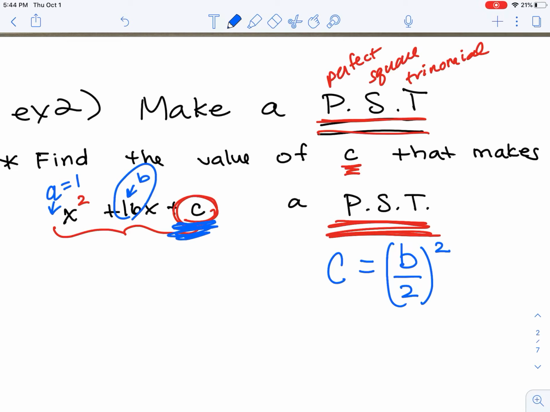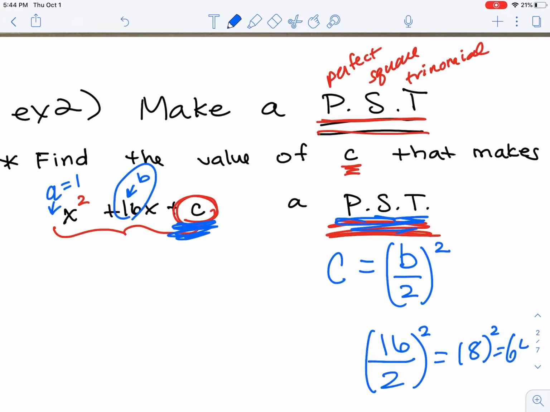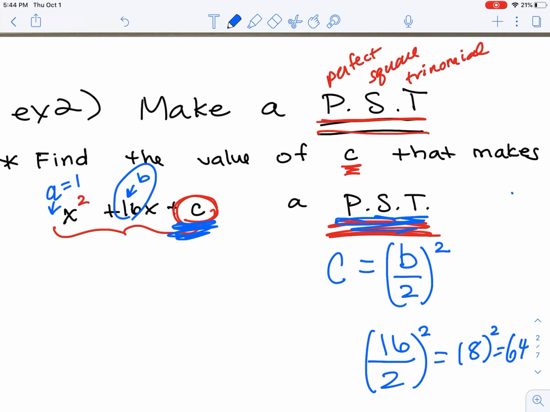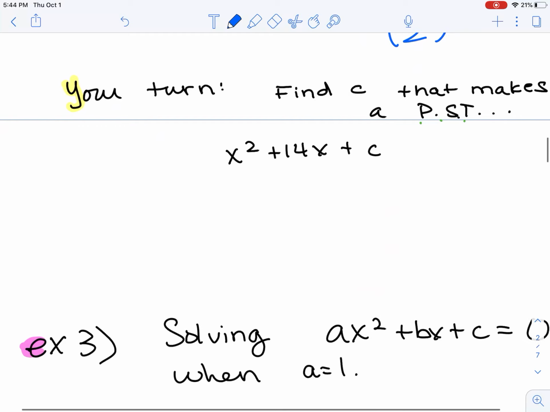To make it a perfect square trinomial, we take the value of b, which is 16, divide it by 2 and square it to find that value of c. So 16 over 2 is 8. Square it, and we get 64. So the value of c is 64 to make it a perfect square trinomial.